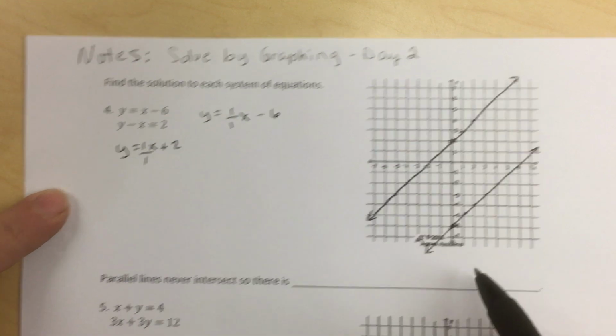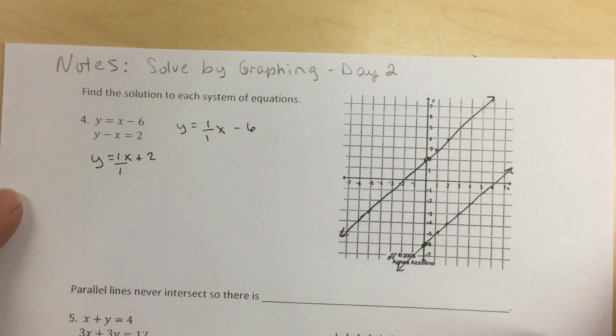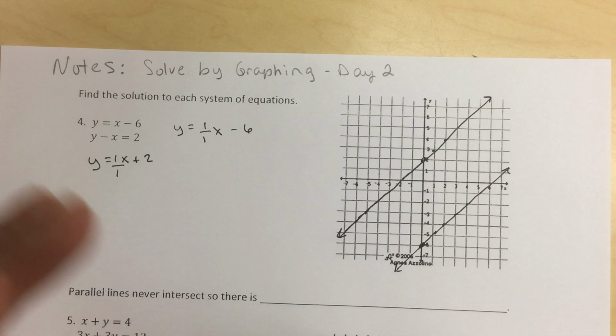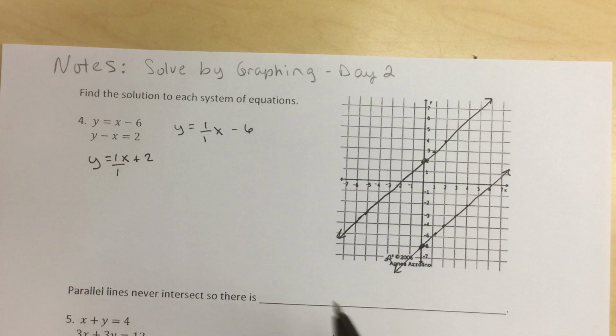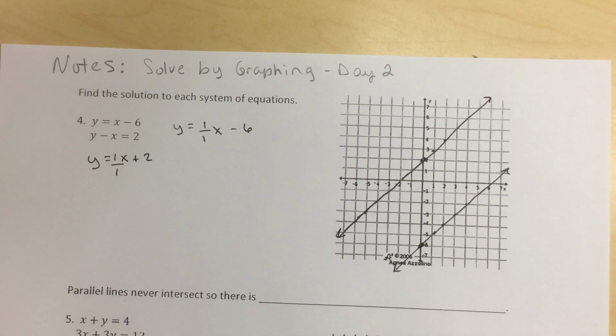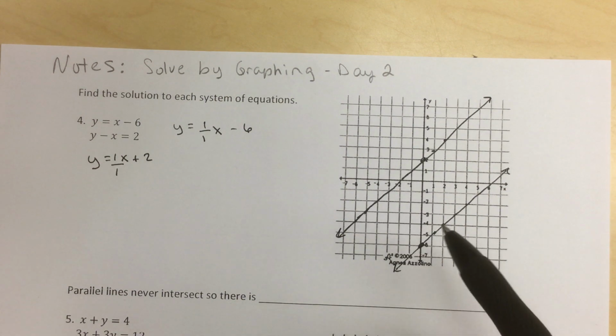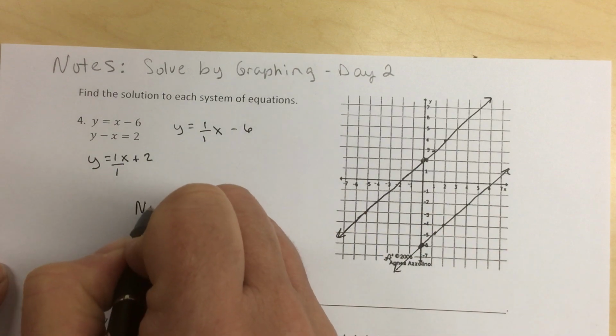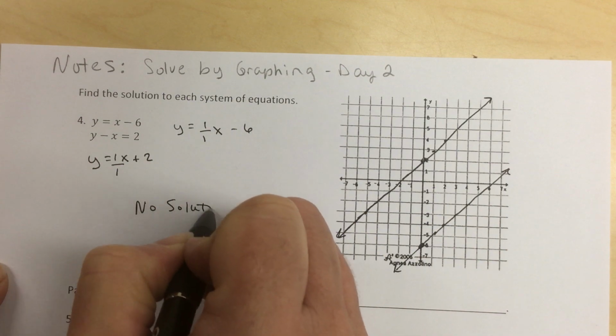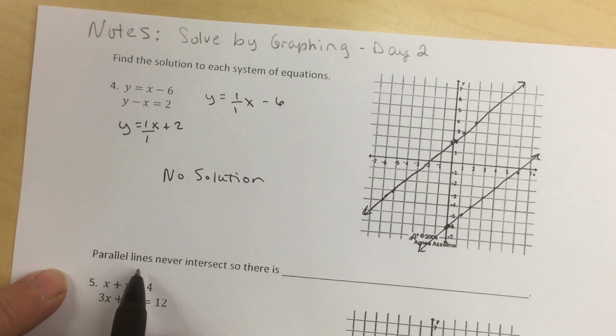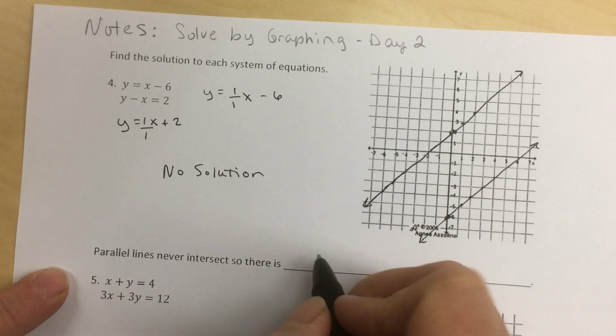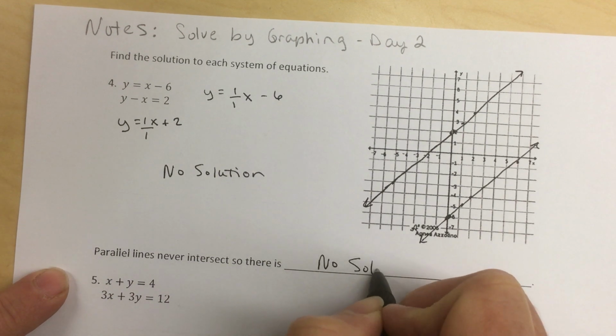Because the two lines go forever at that same slope, they're never going to cross. And we're trying to find where they cross. So this one has no solution. Parallel lines never intersect, so there is no solution.